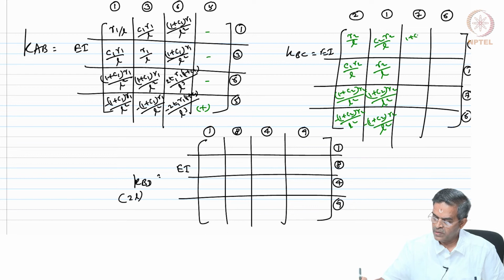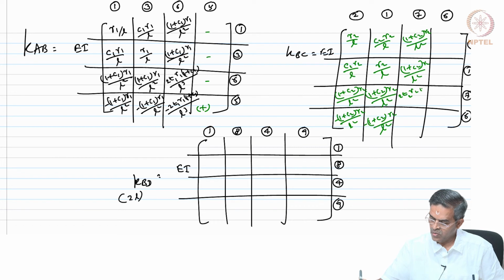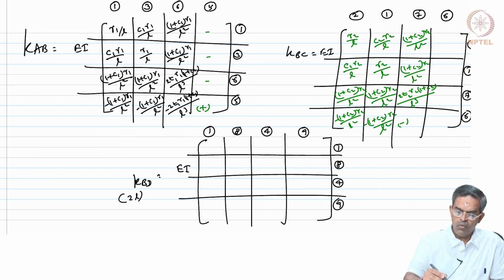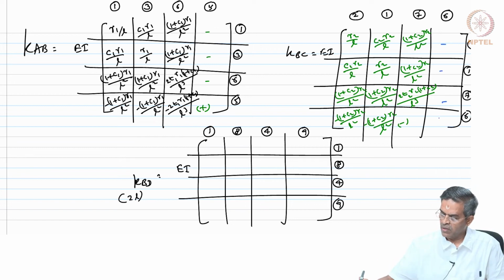Similarly, 1 plus C2 R2 by L square. Two times of T2 R2, 1 plus C2 by L cube and minus of this. The fourth one of course is negative of the third column. I am not entering it, okay. It is very simple to remember.